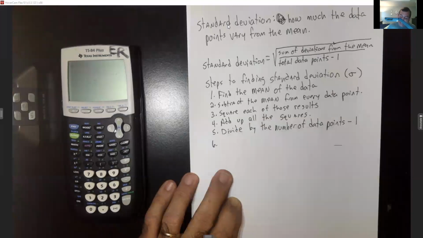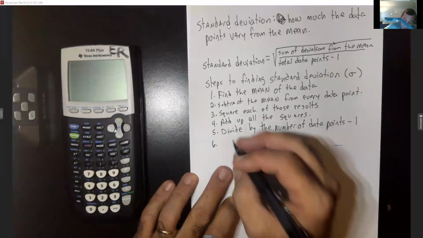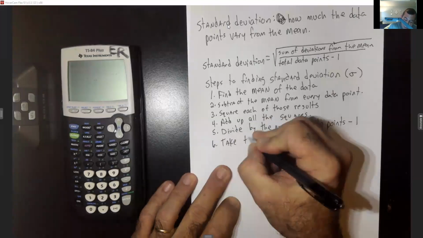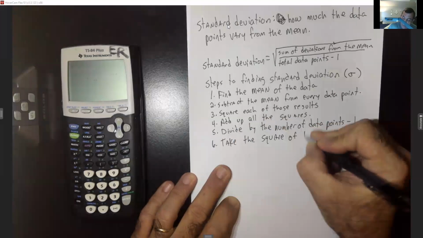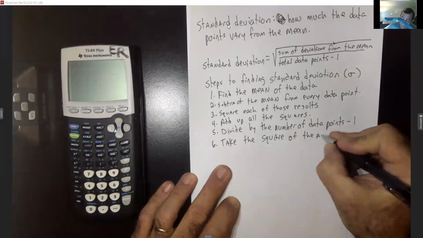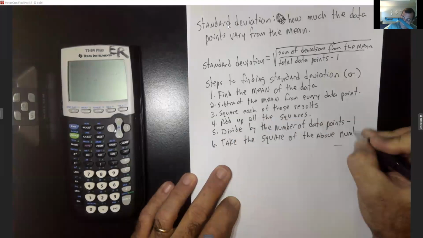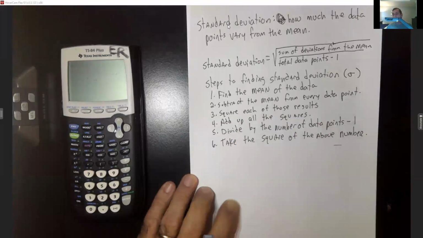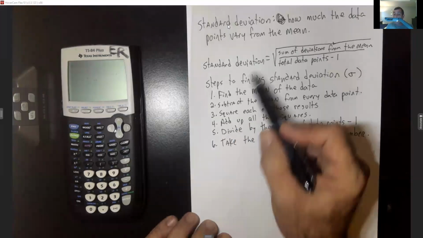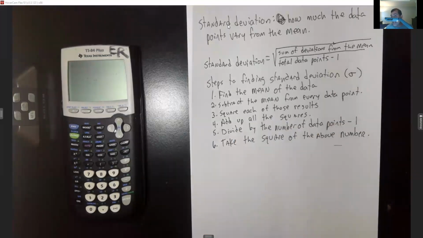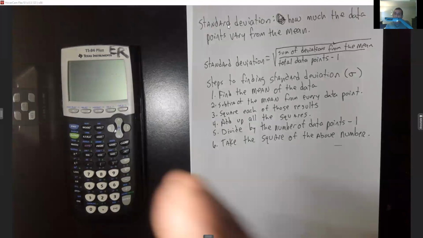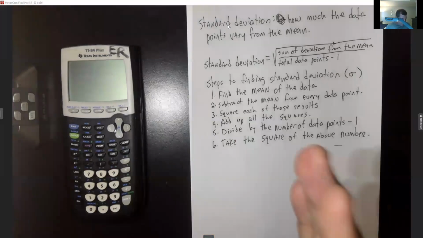And then finally, to get the standard deviation, I'm going to take the square root of the above number. Once I take that square root, it's undoing all this stuff that I was squaring up. And once I take that square root, it'll tell me my standard deviation, or how far from my mean most of my data is going to be, okay?